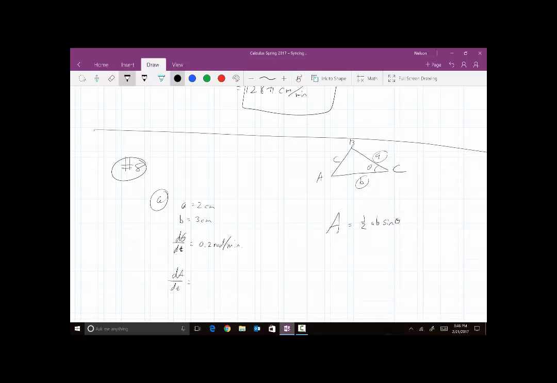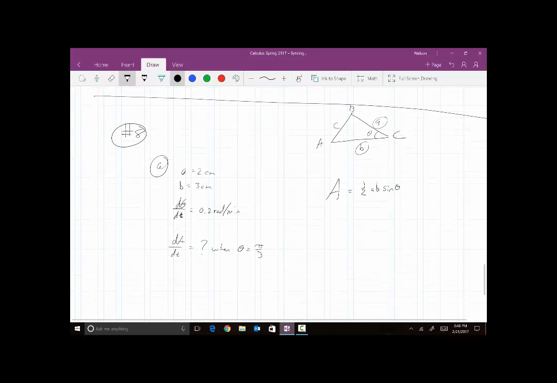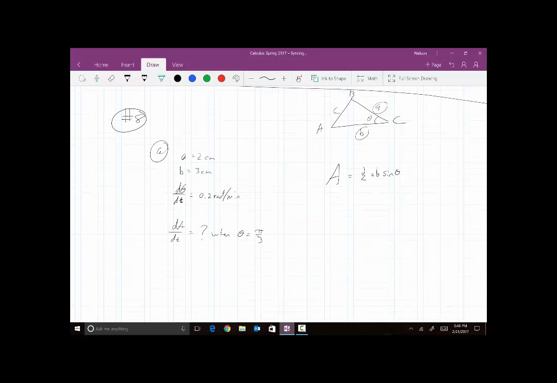It says at the moment when theta is equal to pi over 3 radians. Alright, well, it tells us the formula we're going to use. We're going to differentiate this with respect to t.